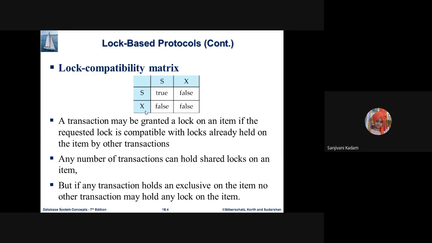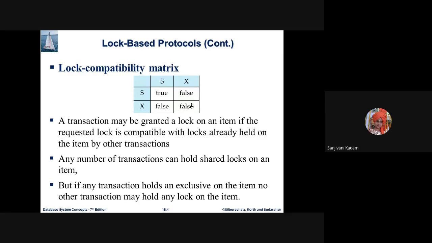Next, if a transaction is already holding an exclusive lock, reading those values simultaneously is not allowed, because this transaction might perform a few changes on the data item. Simultaneously allowing the shared lock is not possible because another transaction may not read the updated value.